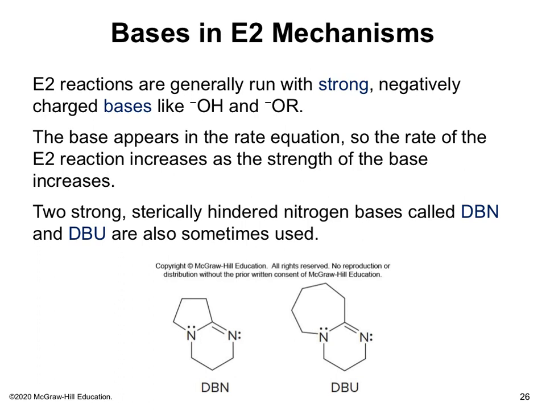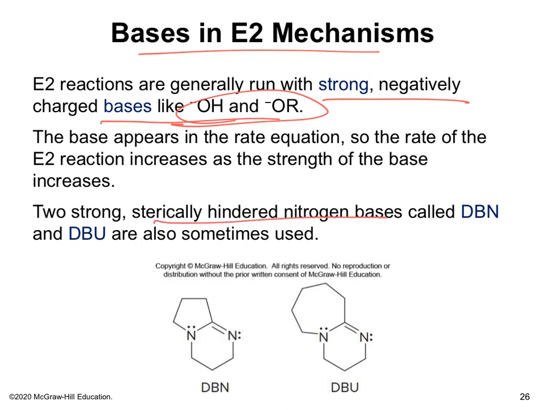Okay, so what bases? You need to really get familiar with the types of bases. I would write them down on a piece of paper and get familiar with them. They're strong, and in E2 you're going to see they have a negative charge, so your alkoxide, your hydroxide. But sometimes you want sterically hindered bases, and examples are DBN and DBU.